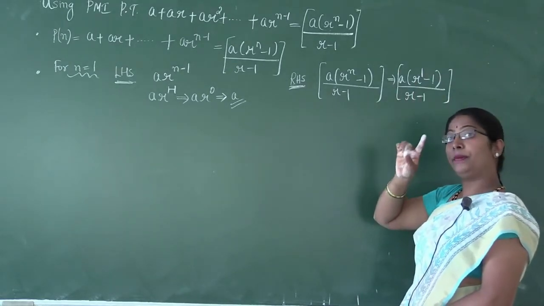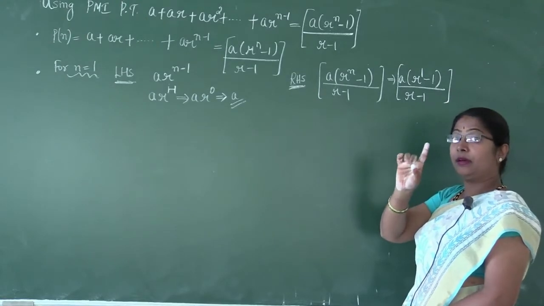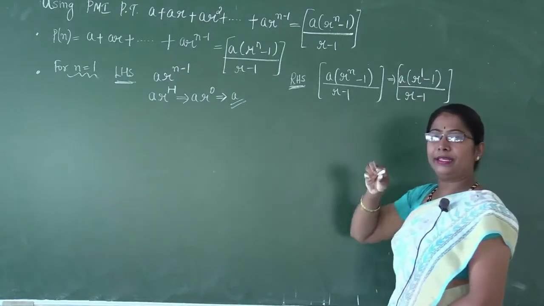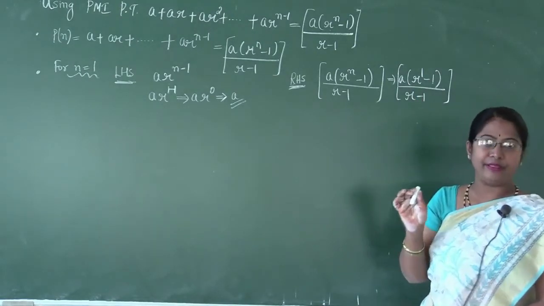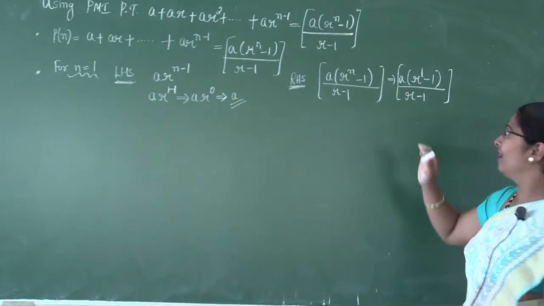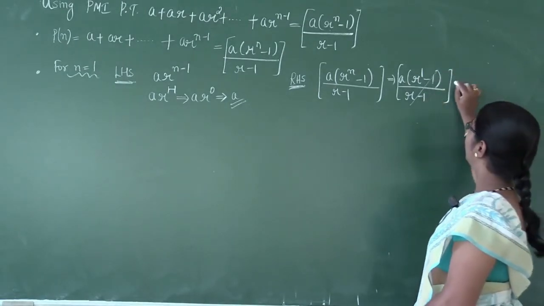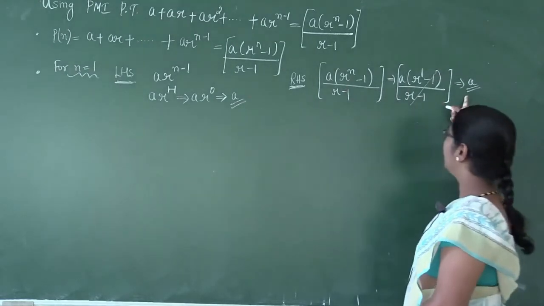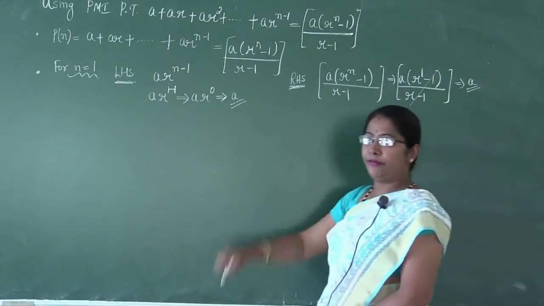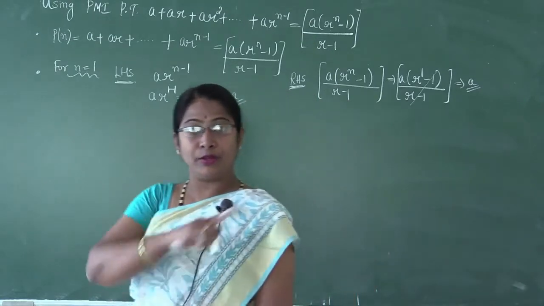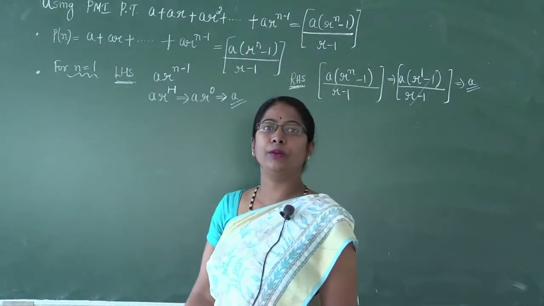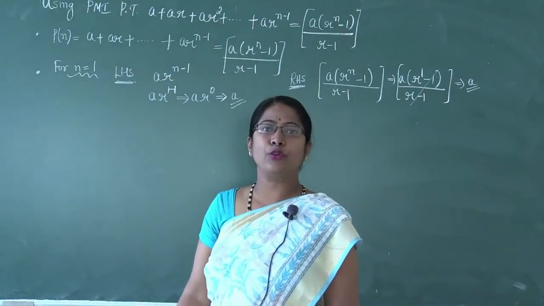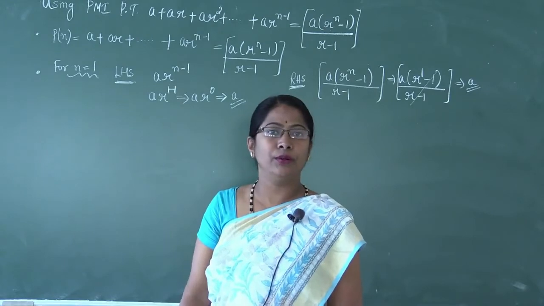Any number raised to the power 1 is the same number itself. Therefore, R power 1 is R. R minus 1, R minus 1 get cancelled. What is left out? A. So, can I say LHS answer is equal to RHS now? Yes. Therefore, you need to write that LHS is equal to RHS, and the given statement is true for n equal to 1.